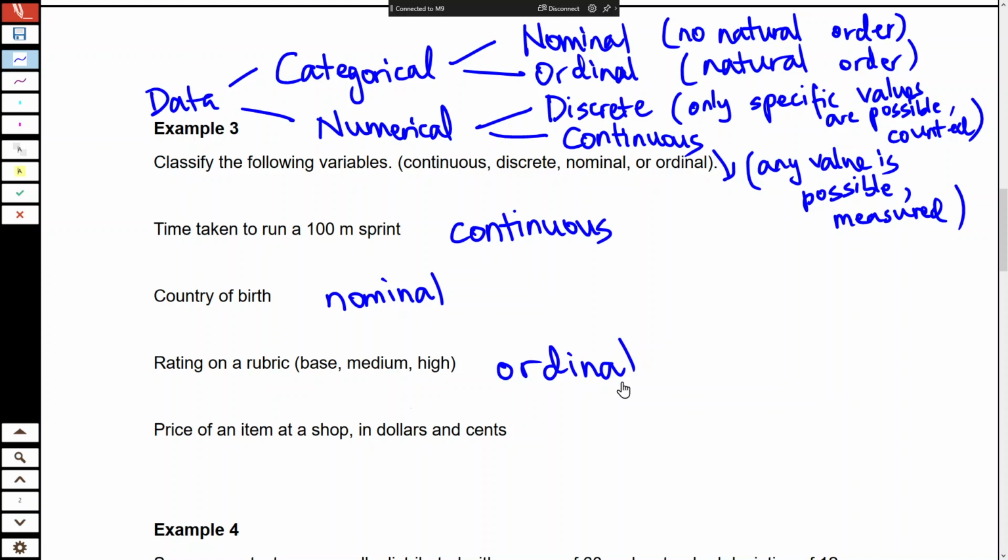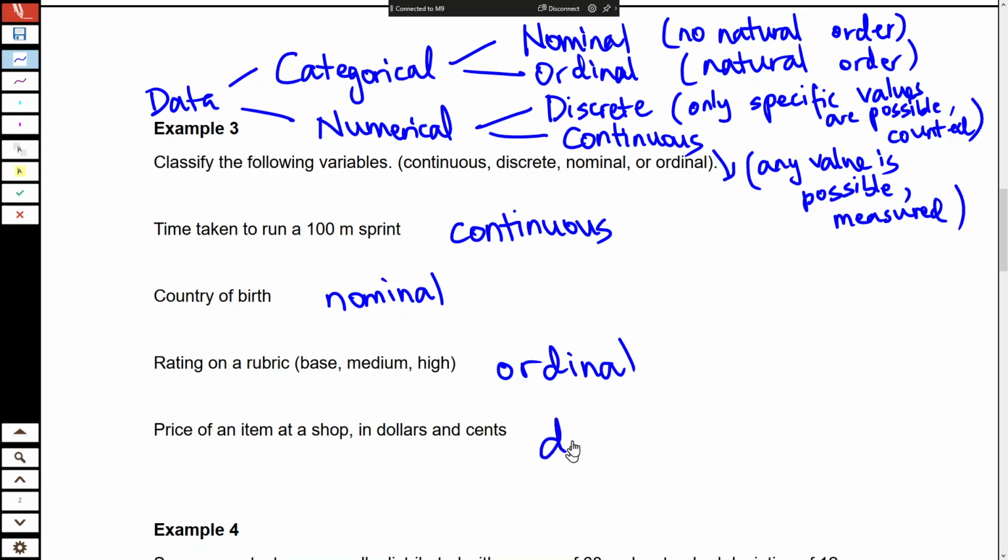And finally, on the exam, I gave a question involving money. Is that right? Yes, the price of the car, secondhand cars. So you pay money in dollars and cents, which means only very specific values are possible. I cannot have half a cent or 0.001 of a cent.